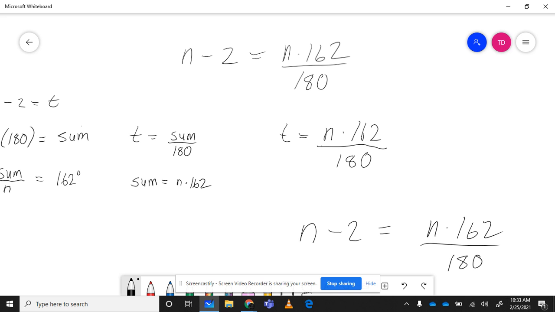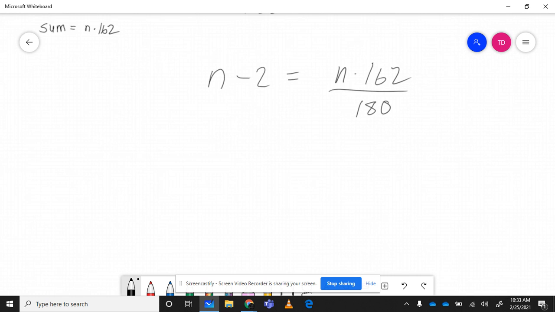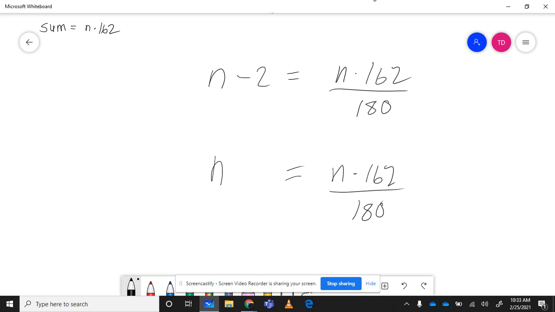Okay, so if we're trying to solve for n, it needs to only be on one side. So for example, I can't just add 2 and say that n equals n times 162 over 180 plus 2.